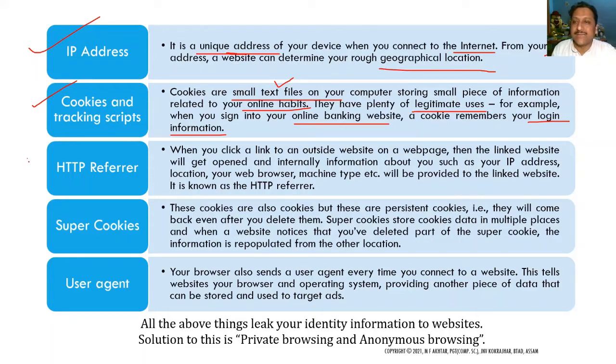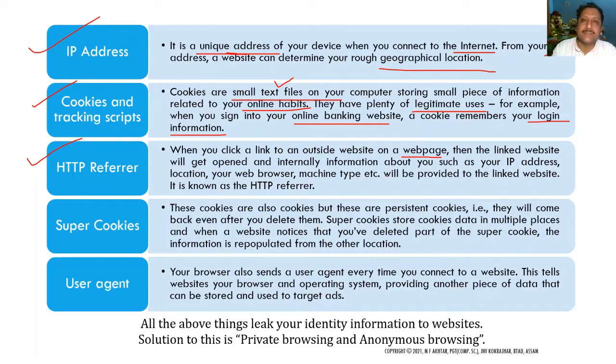Okay, next is the HTTP referrer. Suppose you have visited a web page and somewhere there is an advertisement, some animation or picture. Whenever you click on that advertisement or picture or link to an outside website, that is known as an HTTP referrer.